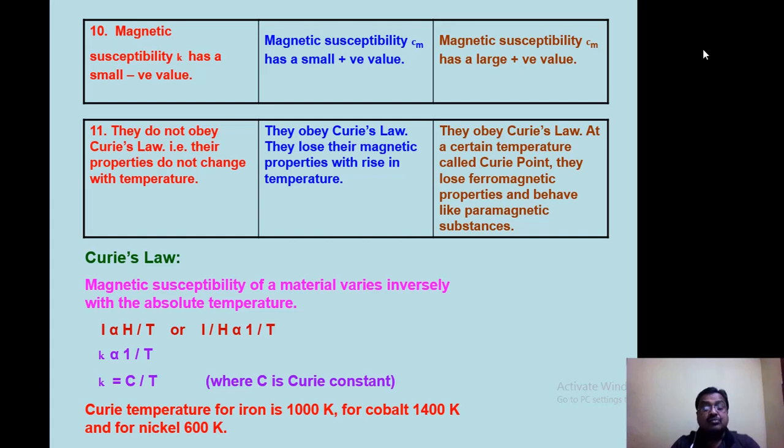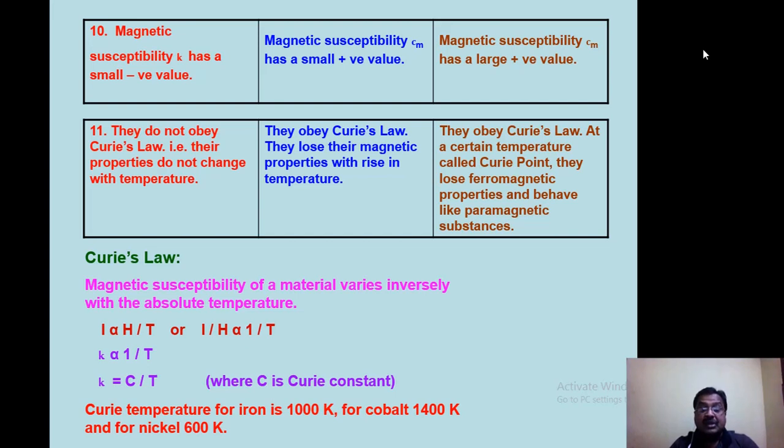So you see, if T is more and more, K becomes less and less, and for a particular value of temperature, the value of K coincides with that of a paramagnetic substance. So a ferromagnetic substance becomes paramagnetic at a particular temperature called Curie temperature or Curie point.